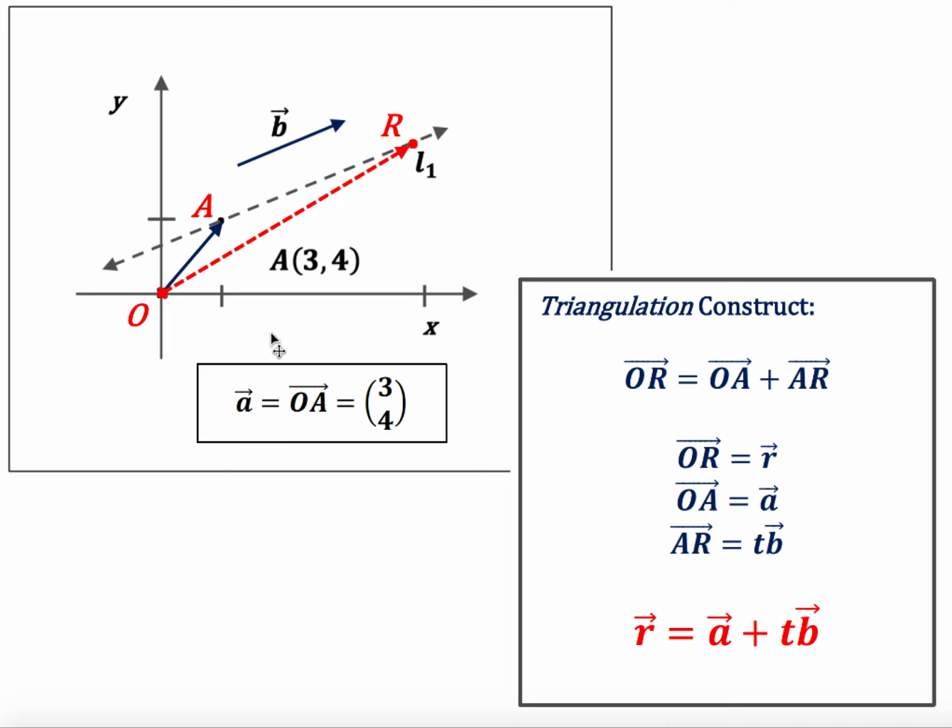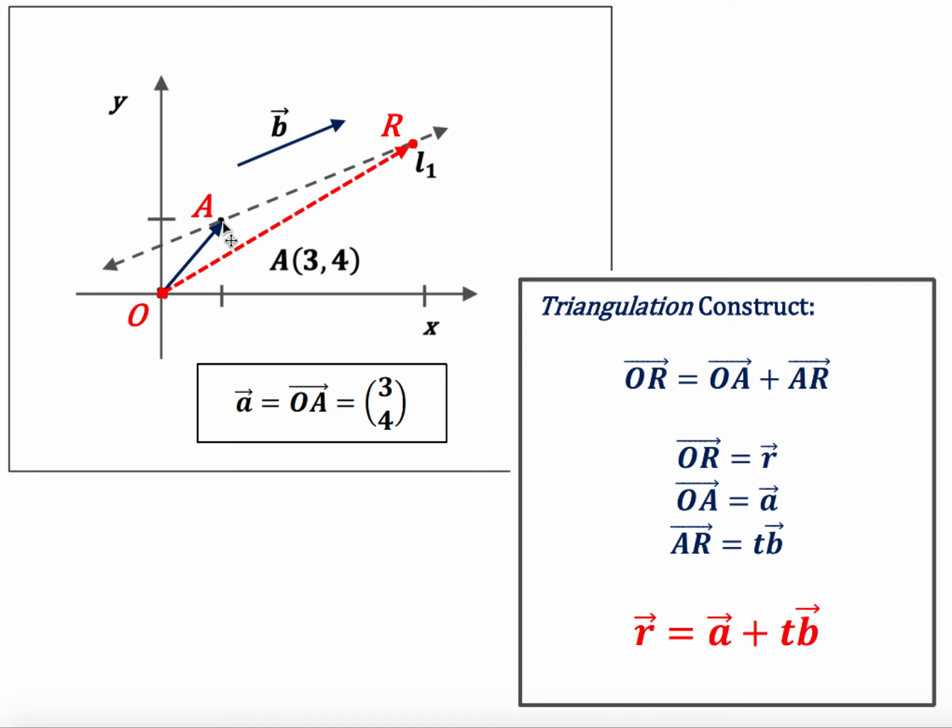So that would be that vector there, over 3 up 4. And so if we have not only the position vector of a point on the line, which is what we do have here, as well as some kind of vector that's actually called a direction vector that's parallel to the line, that's enough to do the actual construction.